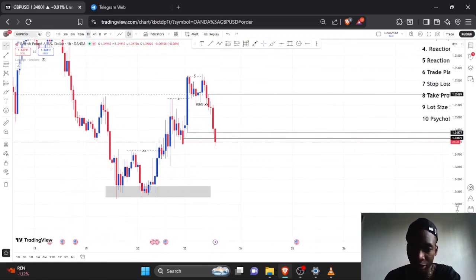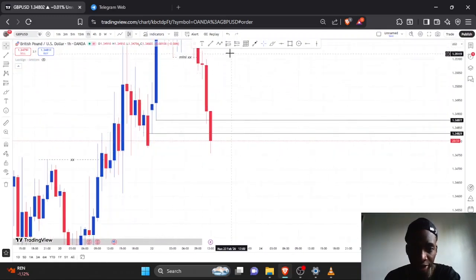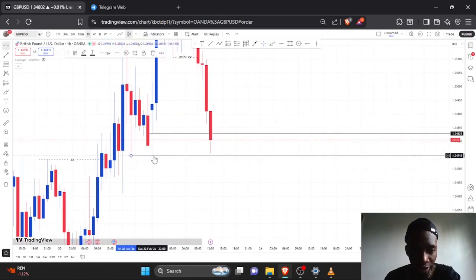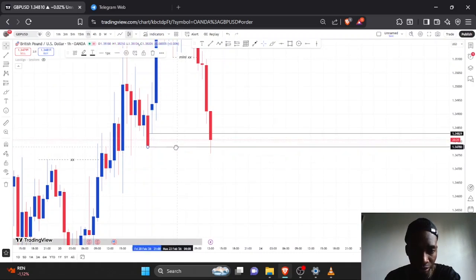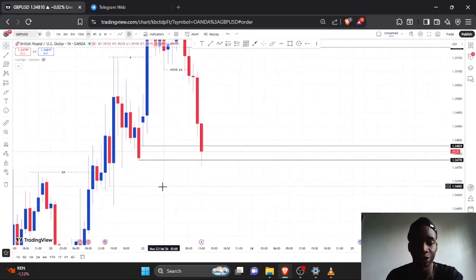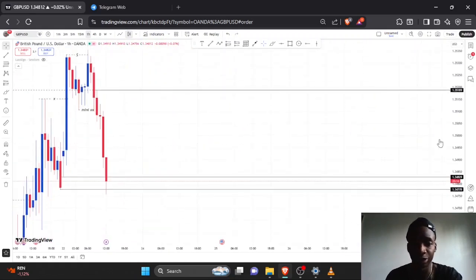Now it has gotten to the mapped out liquidity zone. Remember, we said this and this will be the mapped out, and I think it's still going. The market is still interested in other liquidity zones such as this. So what we're going to do right now is use the same approach, but from the beginning.